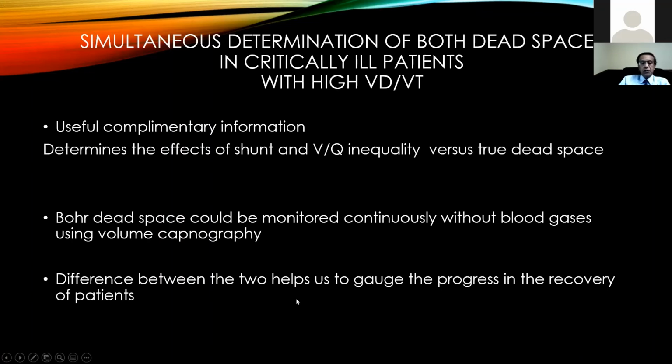And the difference between the two helps us to gauge the progress of recovery in a given patient. That is why now there is a thrust to use Bohr's physiological dead space, determined non-invasively with volume capnography, in intensive care patients.